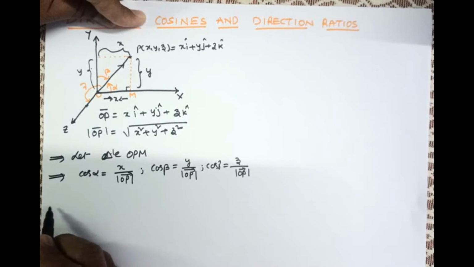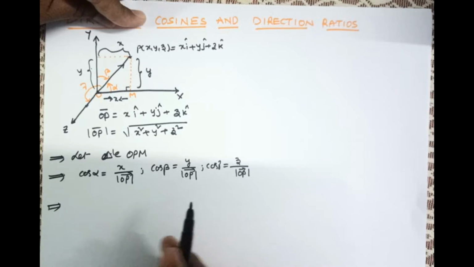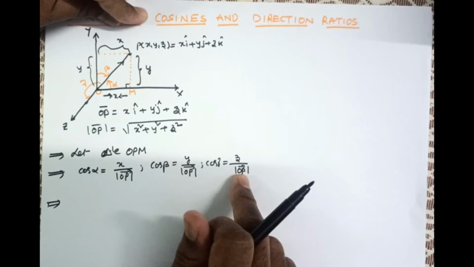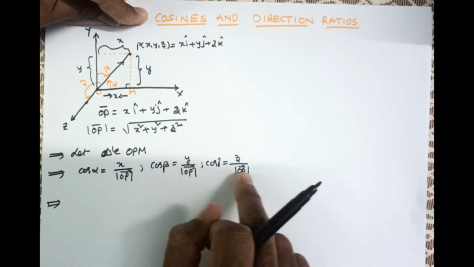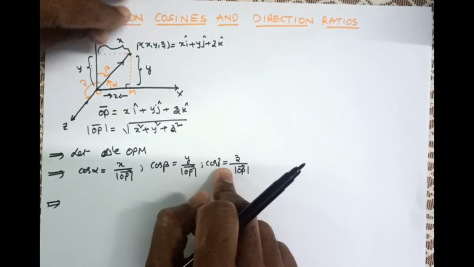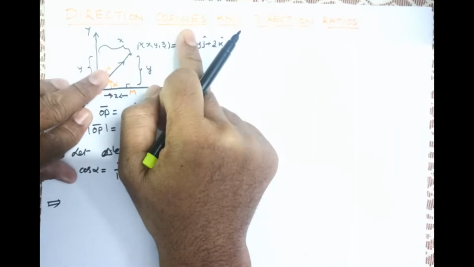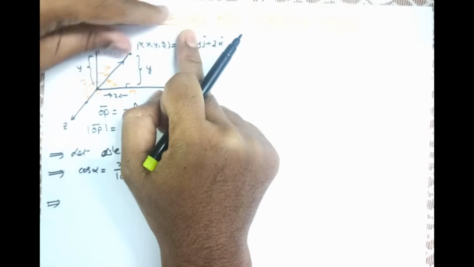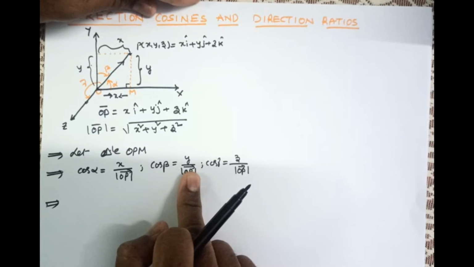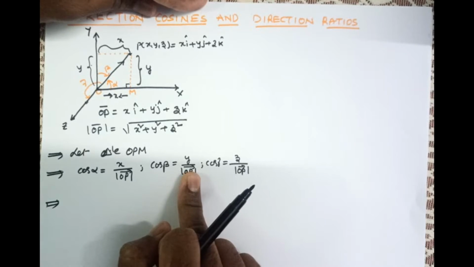Then what we can consider here: this cos alpha, cos beta, cos gamma have the same denominators. So these cos alpha, cos beta, cos gamma are called the direction quotients. These are the direction quotients. Simply we denote them with DC.